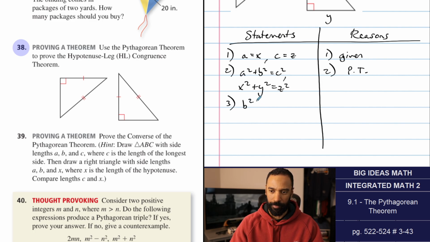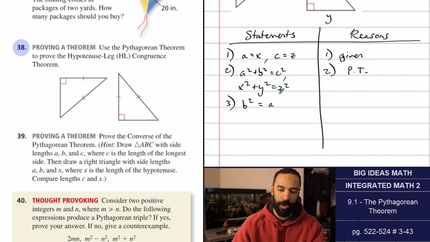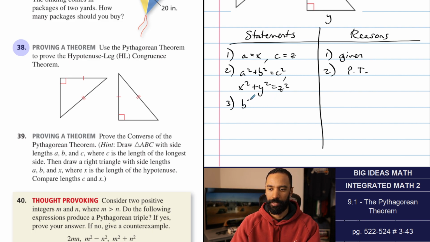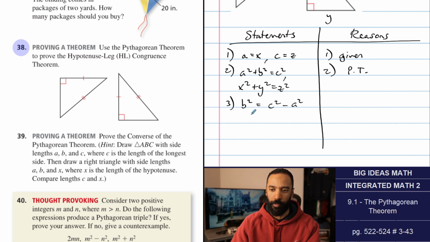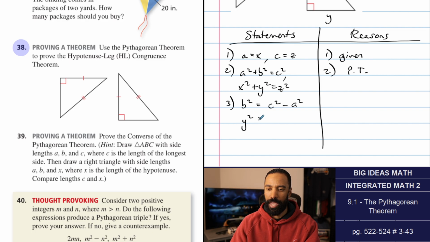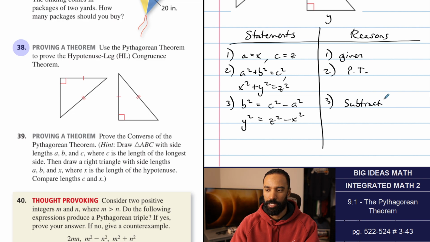B squared is C squared minus A squared. And then Y squared is Z squared minus X squared. This is the subtraction property of equality, I'll just put subtraction.